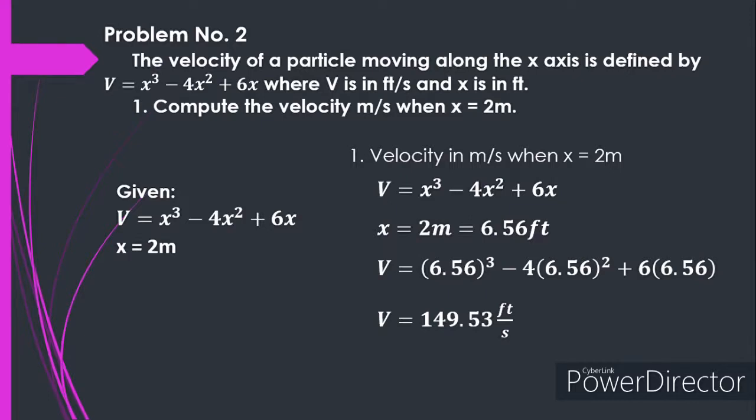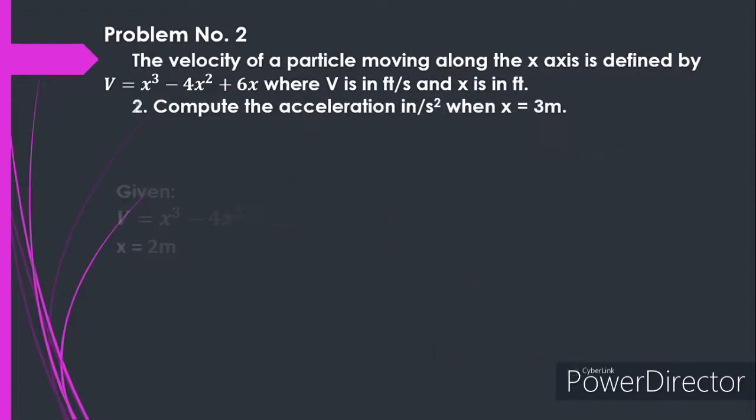But take note, class, the question number 1 is looking for velocity in meters per second. Therefore, convert 149.53 feet per second into meters per second will result to 45.587 meters per second.